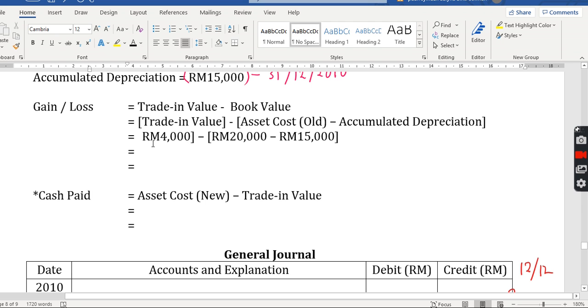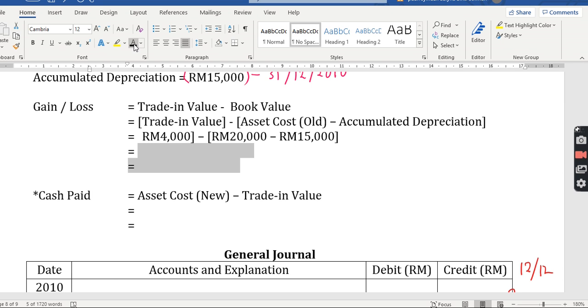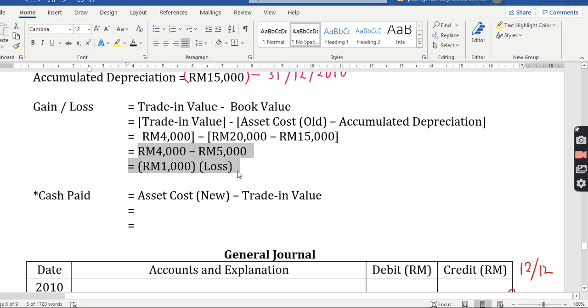So my gain or loss is actually what? As you can see here, your trade-in value is 4,000, but your book value is 5,000. That means I get a loss on disposal with the amount of 1,000 ringgit.